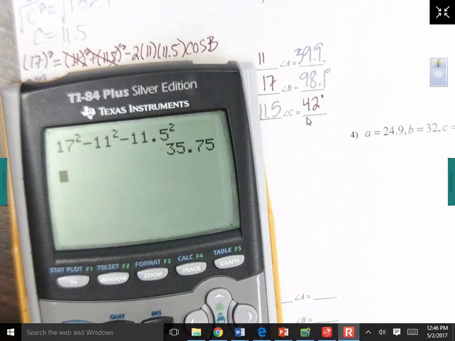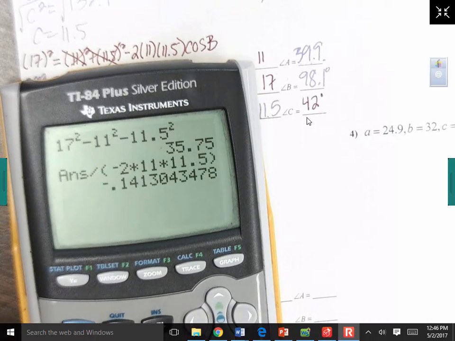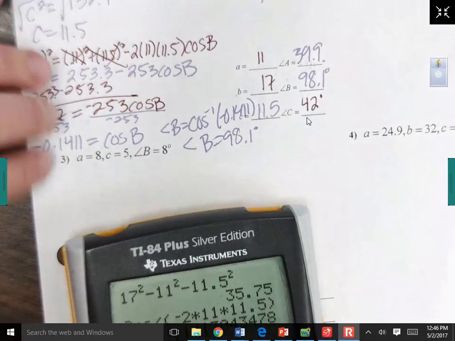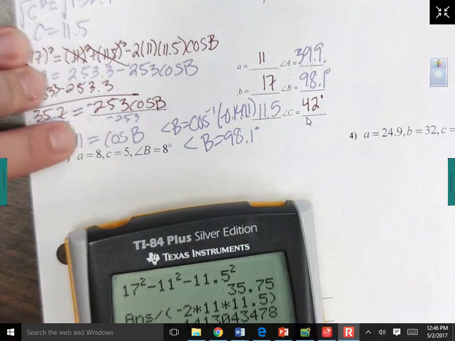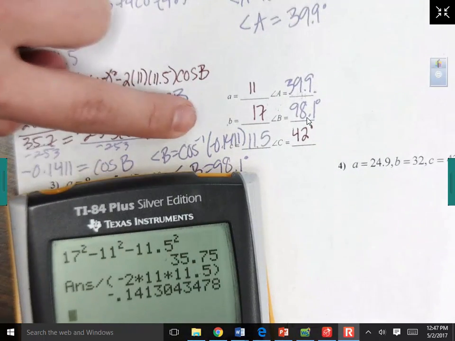Continuing in my calculator, I can press divided by. That open parentheses is very important. Negative 2 times 11 times 11.5. Which, really, that's pretty much what we had right here. So we're already here. All we have to do now is take the cosine inverse of this.